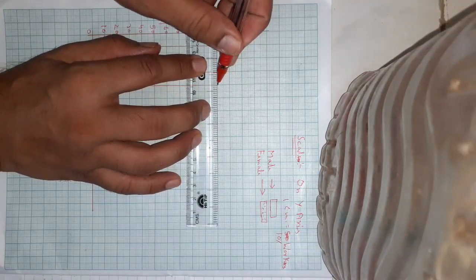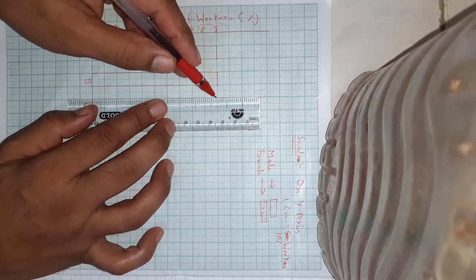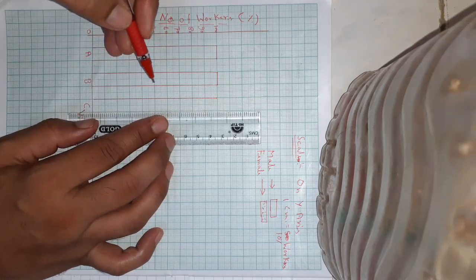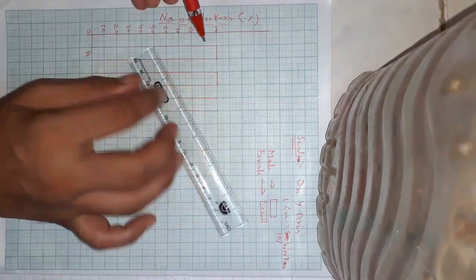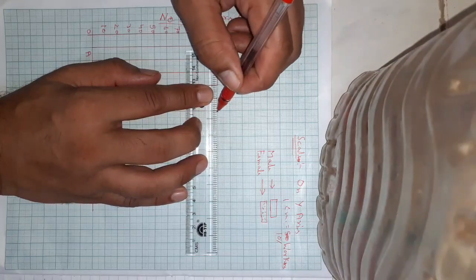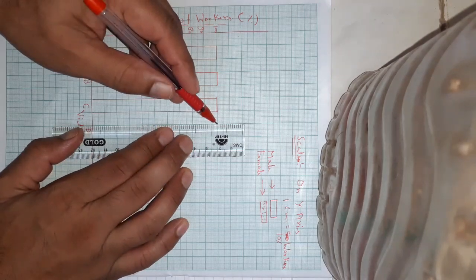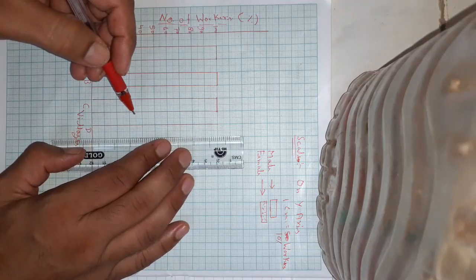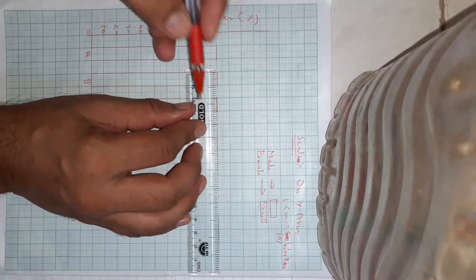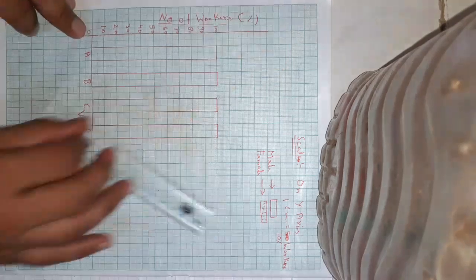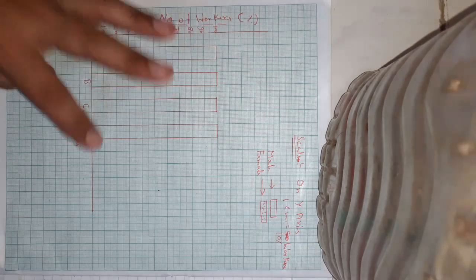So here will be what? And for D, for village D. Okay, A, B, C and D. I made there for the A, B, C, D all four villages.